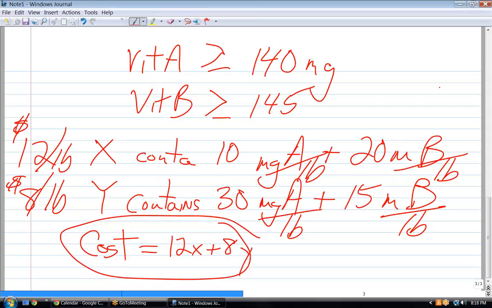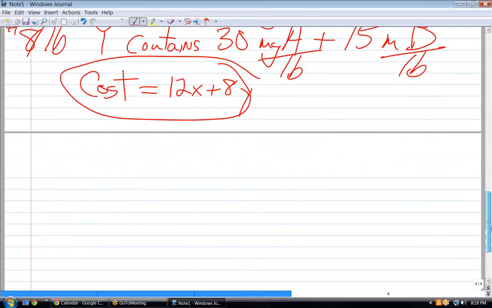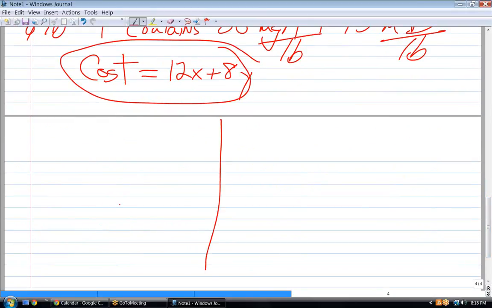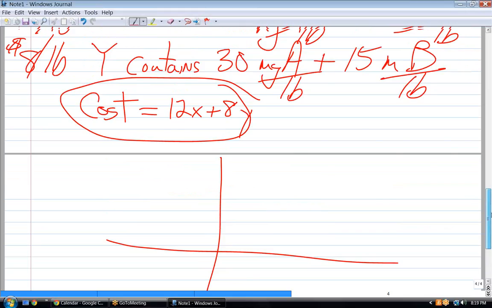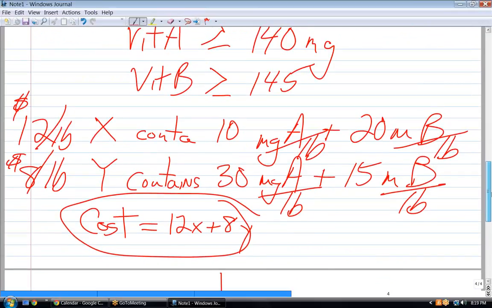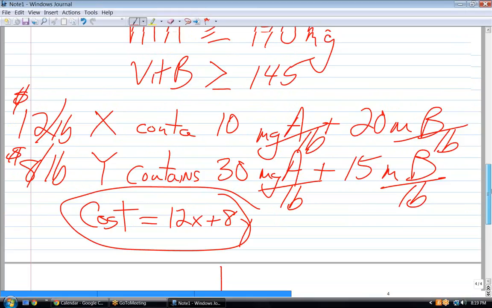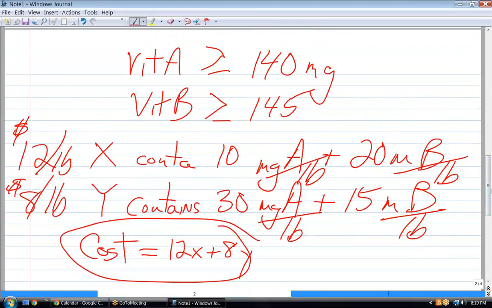Now, let's go down and try to graph this thing. Vitamin A needs to be greater than 140.